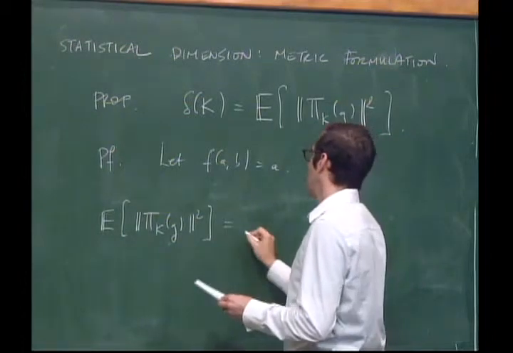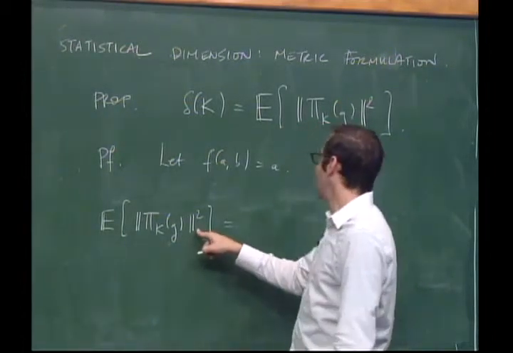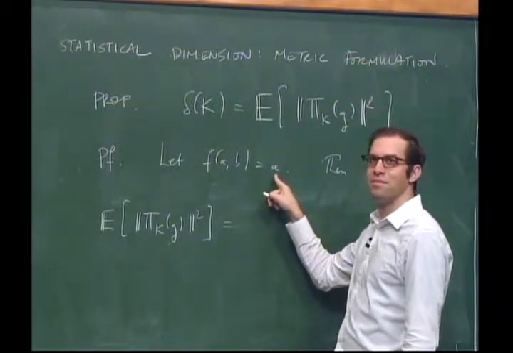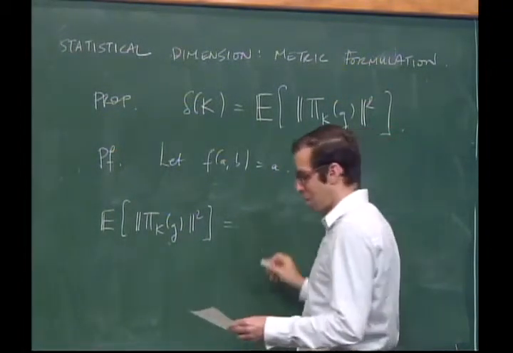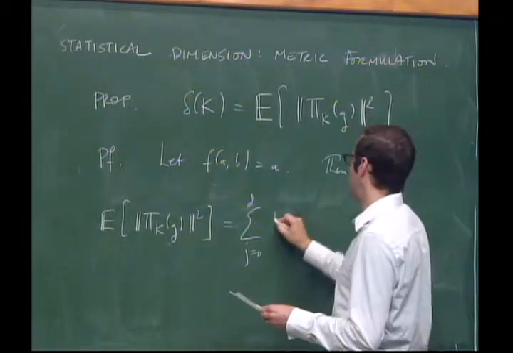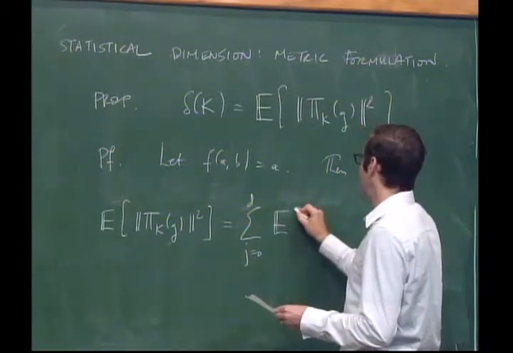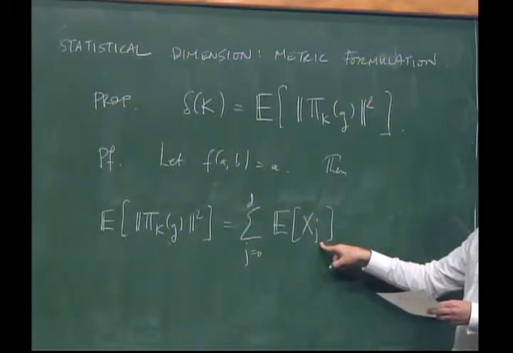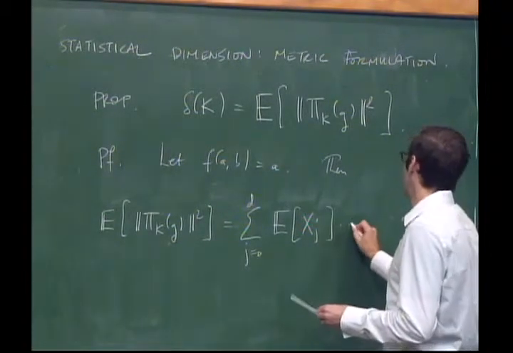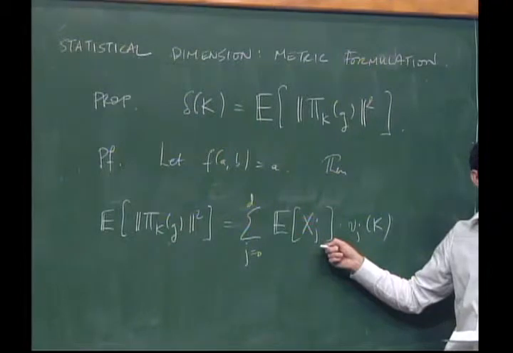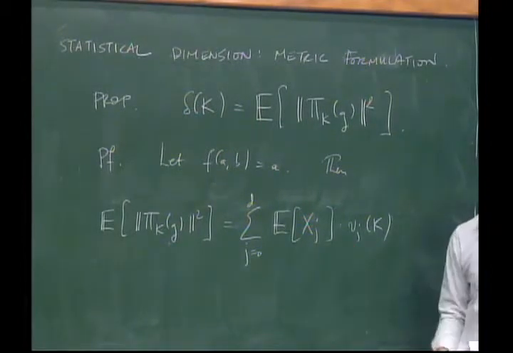So this is phi of f. And the Master-Steiner formula tells us that this is a sum from j equals 0 to d of the expectation of xj, where this is a chi-square with j degrees of freedom, times the intrinsic volumes of the cone K. Now, what's the expectation of a chi-square with j degrees of freedom? It's j.